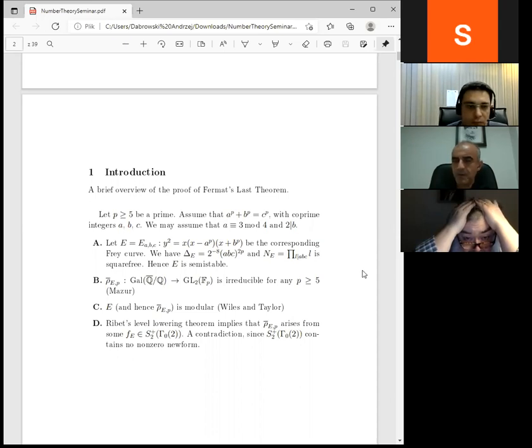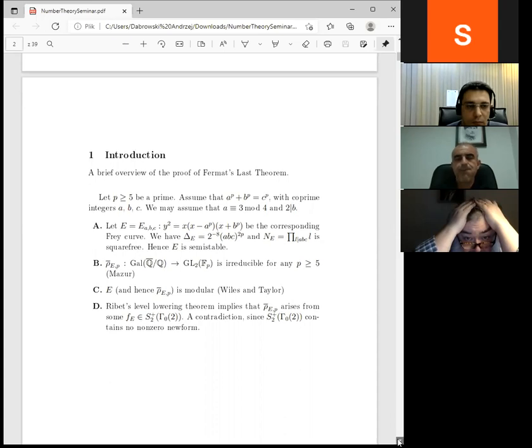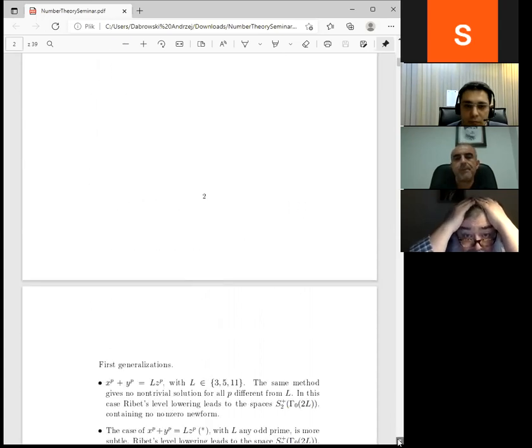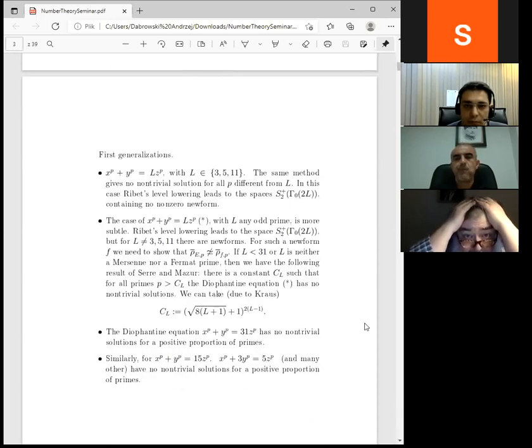Okay, so maybe first generalizations. Take the Fermat equation, but consider one coefficient which is a prime l, say.